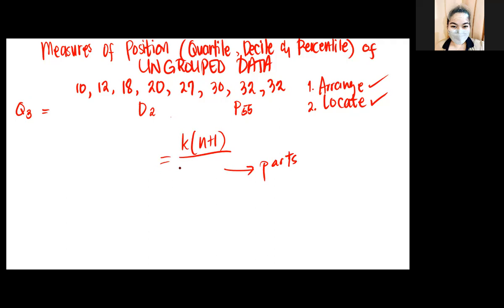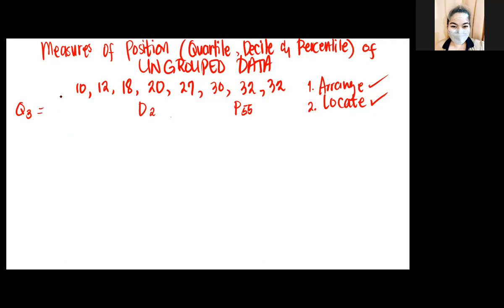So pag quartile, 4. Pag decile naman, 10. Pag percentile naman, that's 100. So yun yung gagamitin natin na formula kung paano natin malo-locate yung hinahanap nating measures of position.